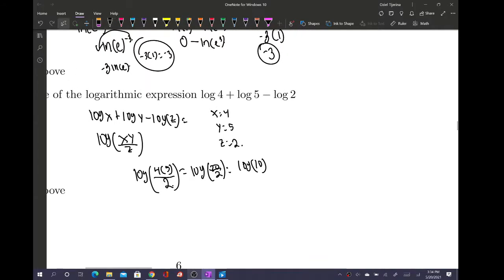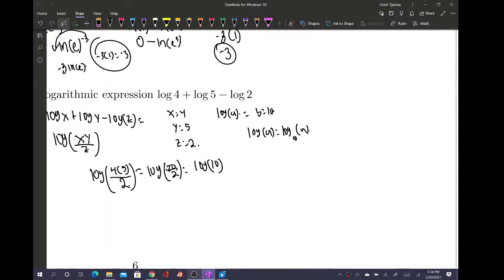Now, notice that anytime you have log of a with no base written, that means the base b is equal to 10. So log of a is equal to log base 10 of a.